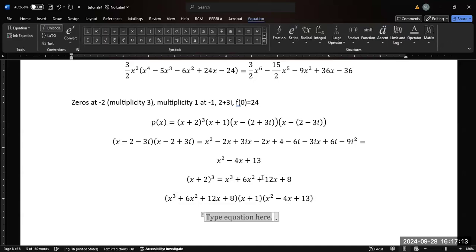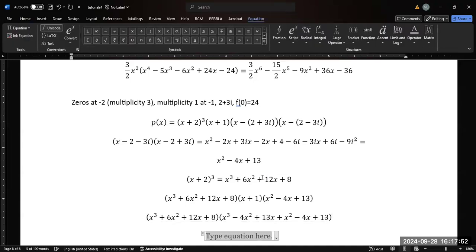And now we need to FOIL through something. So let's do our 2 smaller ones first. So x times x squared is x cubed, and x times negative 4x is negative 4x squared, and x times 13 is 13x, and 1 times x squared is x squared, and 1 times negative 4x is negative 4x, and 1 times 13 is 13.